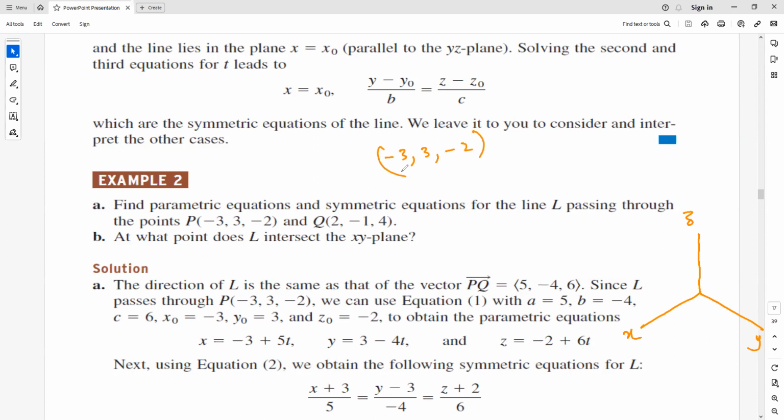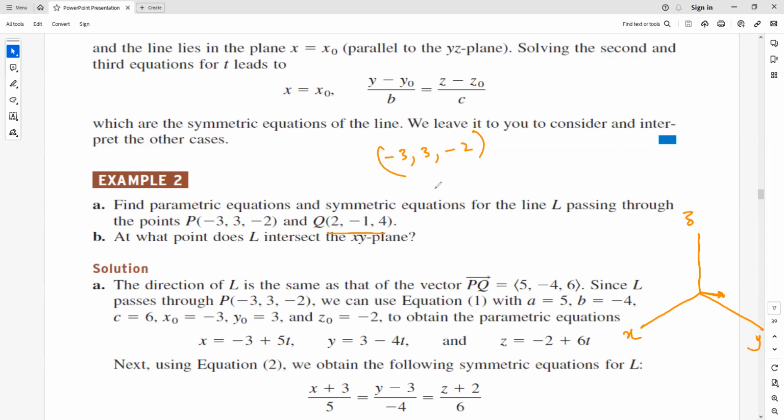So it's in the negative X, positive Y, and negative Z axis. So let's consider that this point is somewhere here, going down, going inwards to the screen, and downwards.